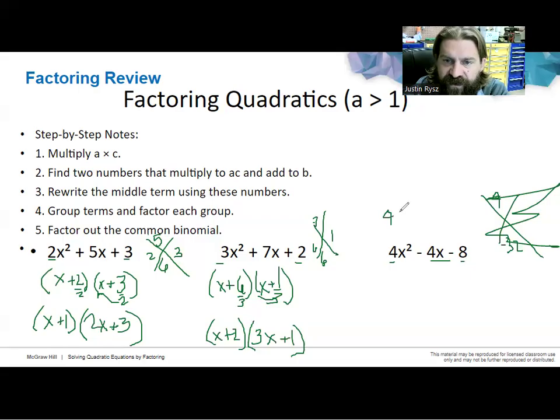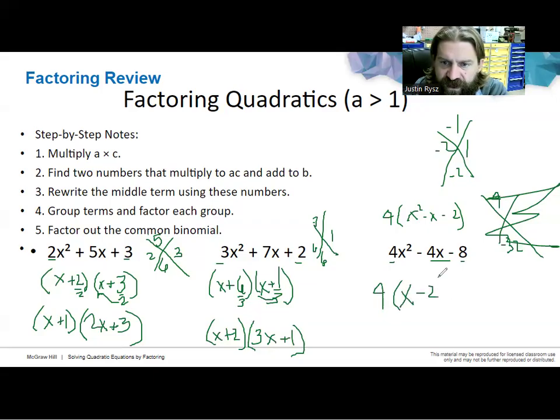So I'm going to rewrite this problem as 4 times x squared minus x minus 2. So now what numbers multiply together? This is a 1 in front. A negative 2 adds together to get a negative 1. It's a negative 2 and a positive 1. So we have our 4 times the parentheses x minus 2 times x plus 1.